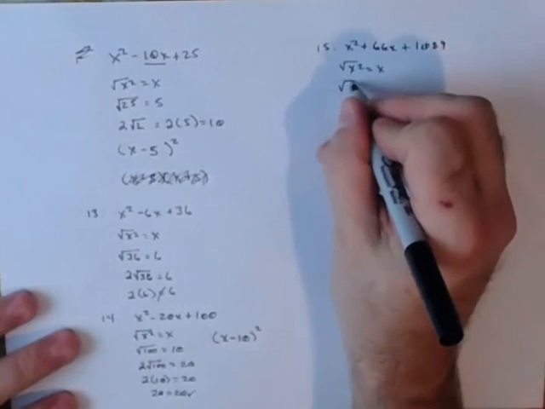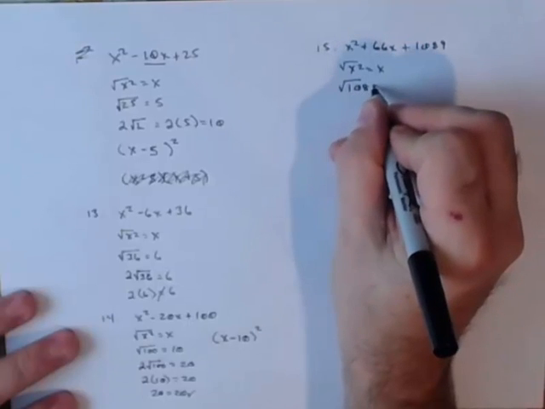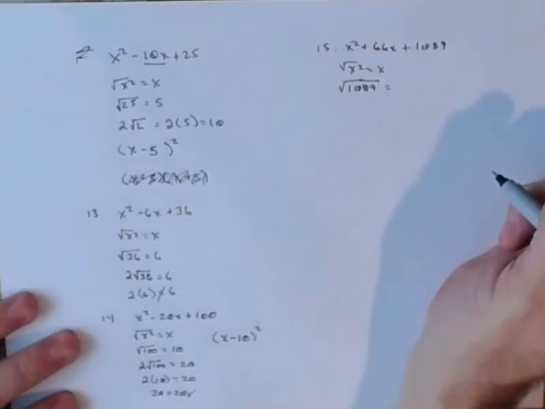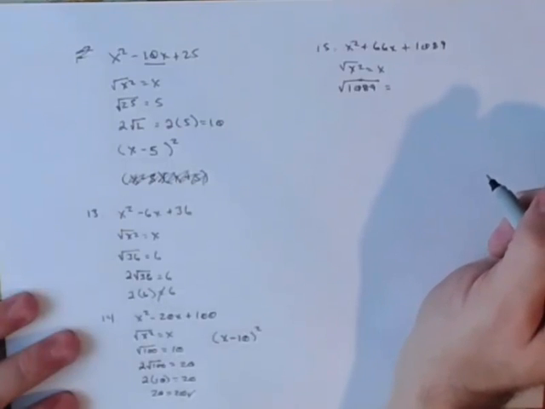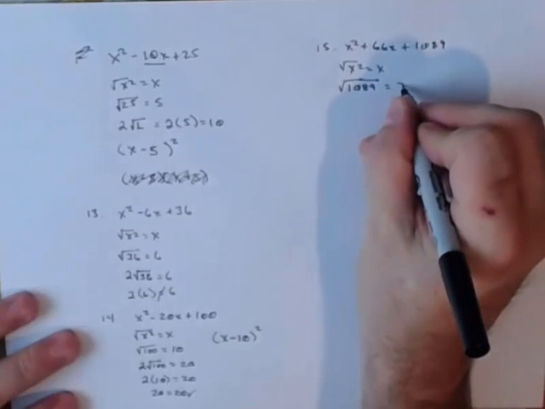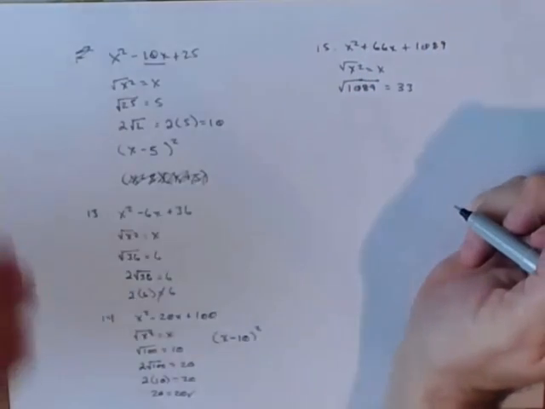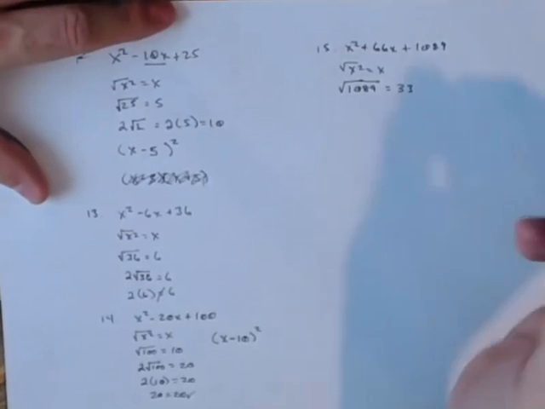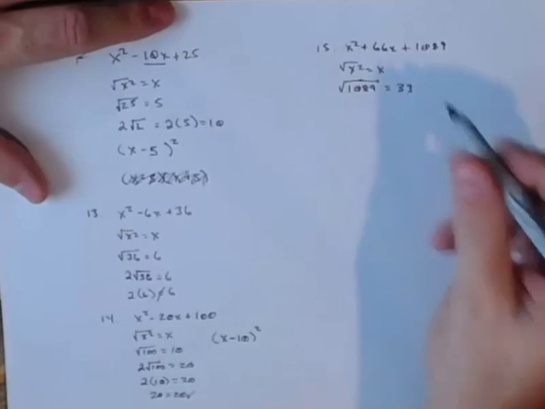The square root of the last term, and I don't have a calculator here, but a little bird tells me that the square root of 1089 is actually 33. So those two conditions check.